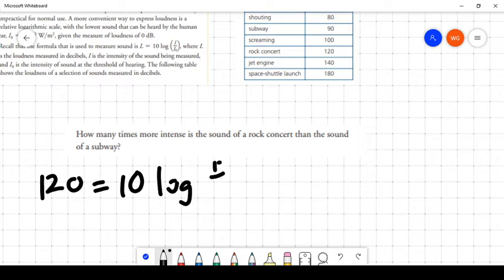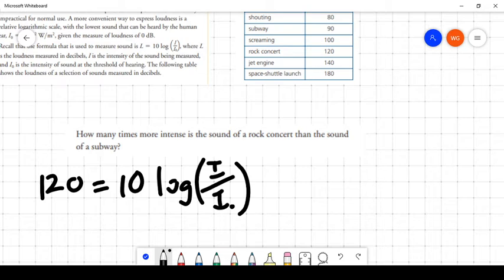I over I0. Then we would try to simplify this expression to get an easier representation of the scenario.